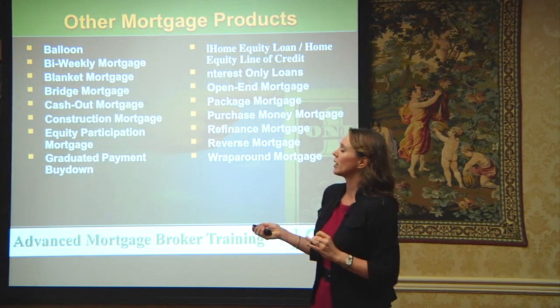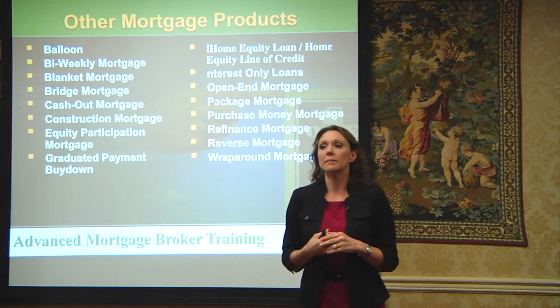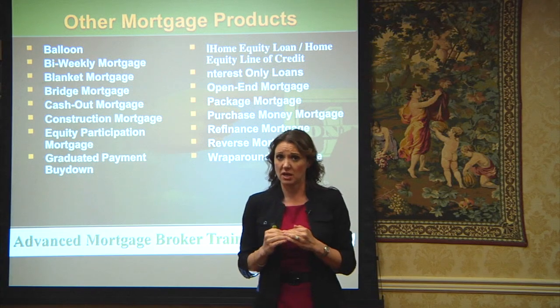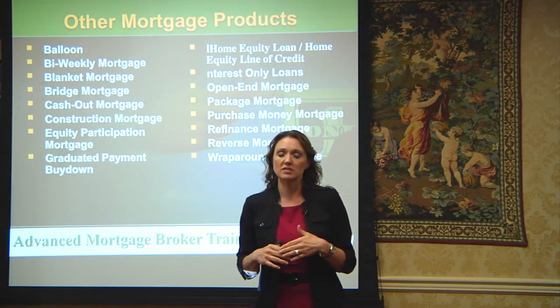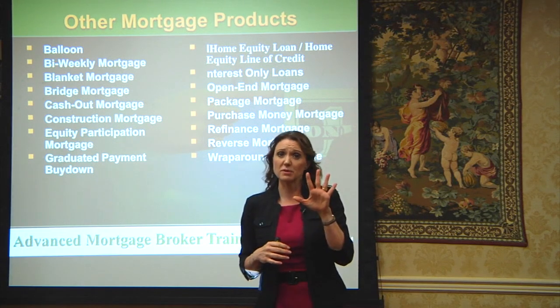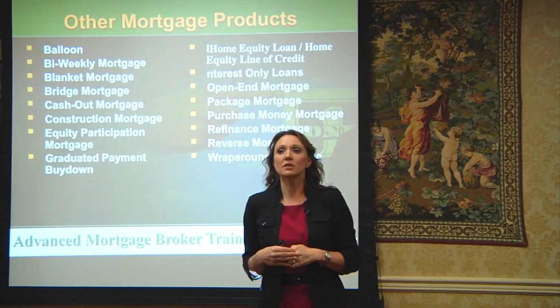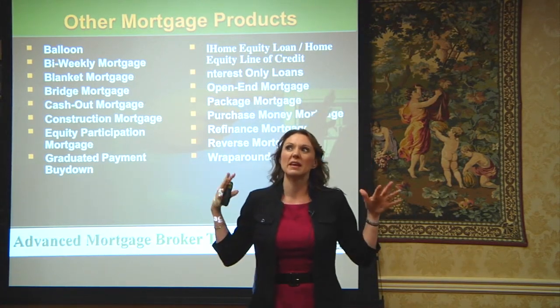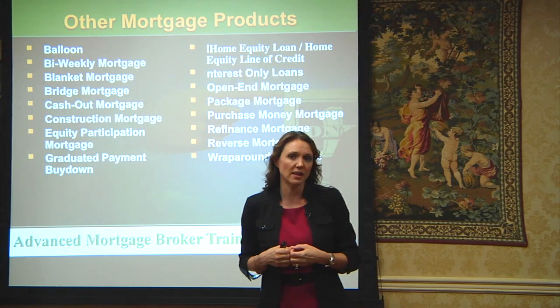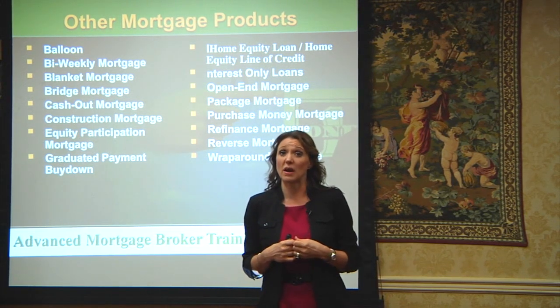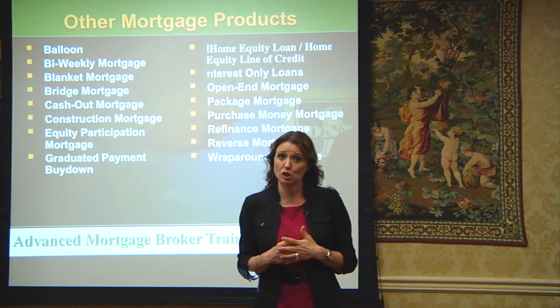With a graduated payment buy down, you pay more now for a pretty big reduction in the payment, or in the interest. So let's say you had a 5% interest rate and you were doing a graduated payment buy down, so you pay an extra, I'm making this up, $5,000 at closing, but for the first year, you get 3% lower on that rate. So for the first year of your loan, you're paying 2%.